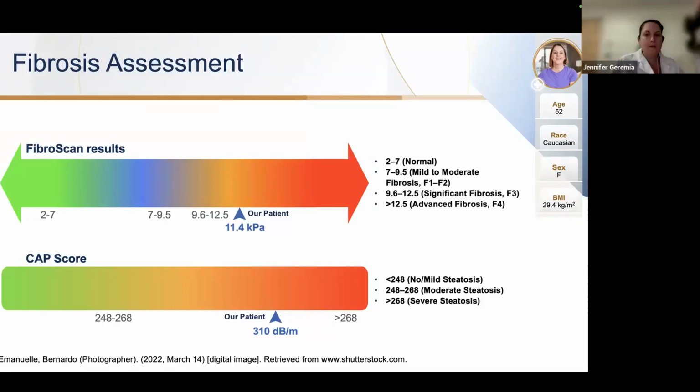By range, that is an advanced or significant fibrosis patient. F3, and F4 is cirrhosis, compensated or decompensated. She also has a fair amount of steatosis by CAP score.